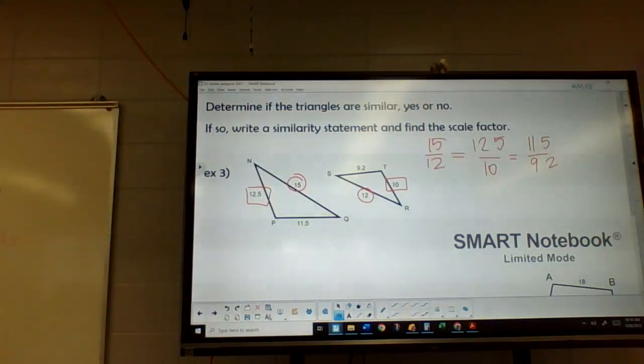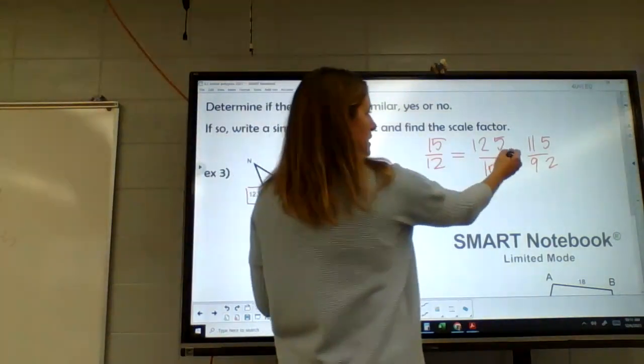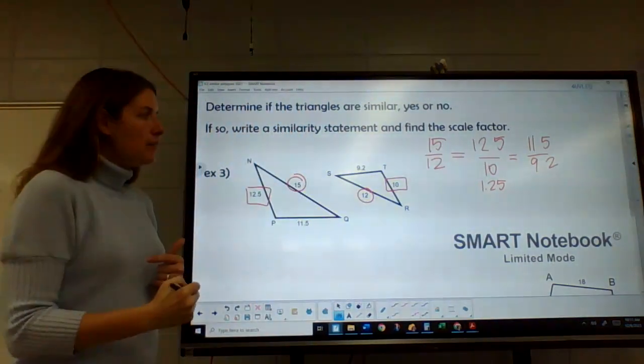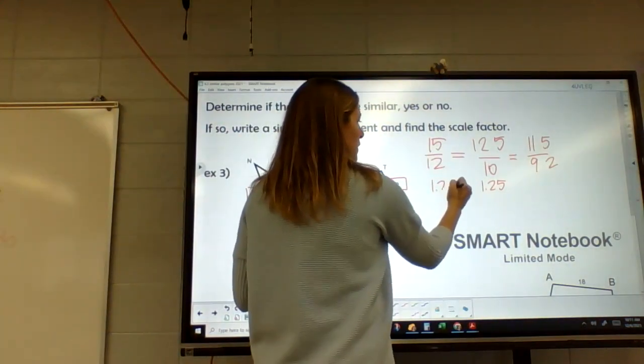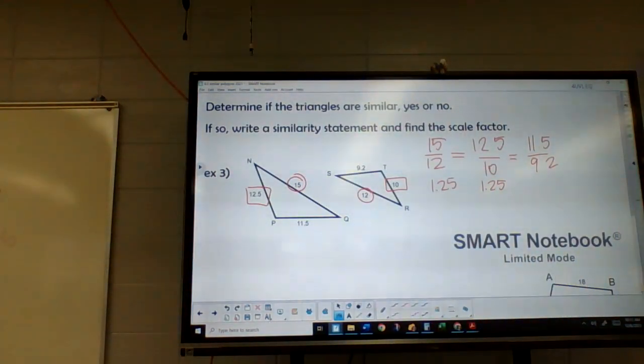You can divide both of them, you can simplify them, or you can rewrite them as a decimal. If you divide them, like this one's really easy to divide, I move the decimal over once. If you divide 15 by 12, if you divide 11.5 by 9.2, I'm hoping it's 1.25. Is it? So that's one way to check. These all work.